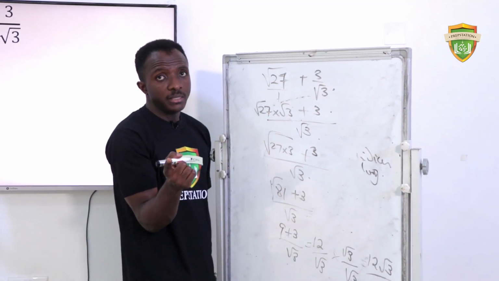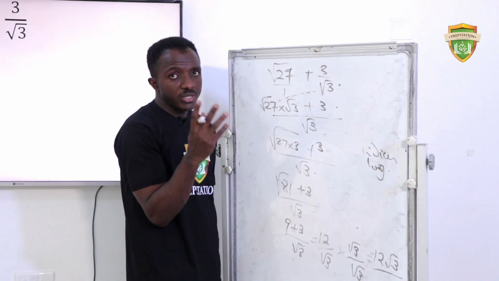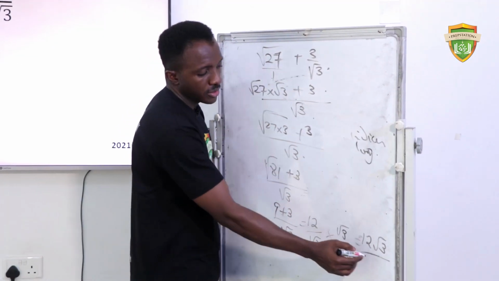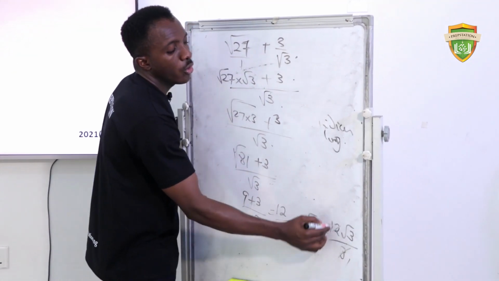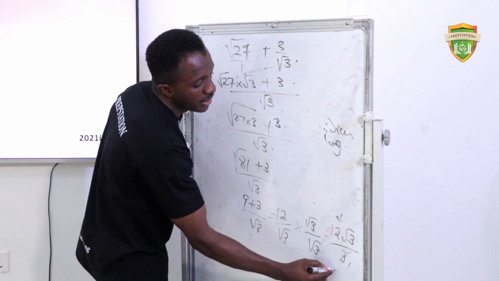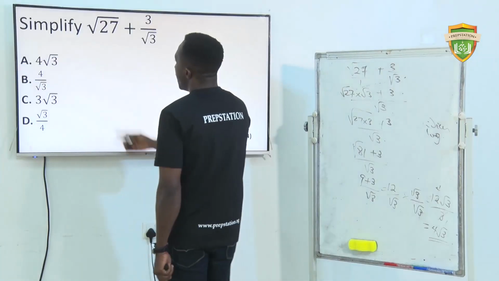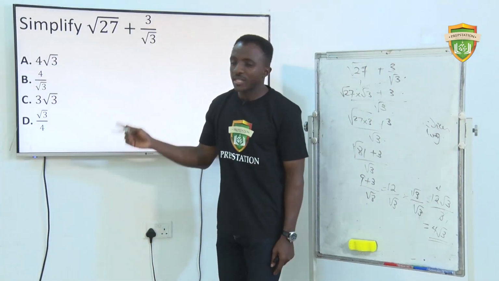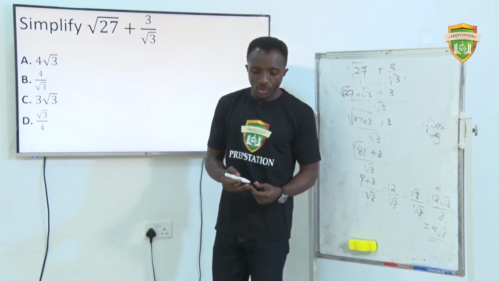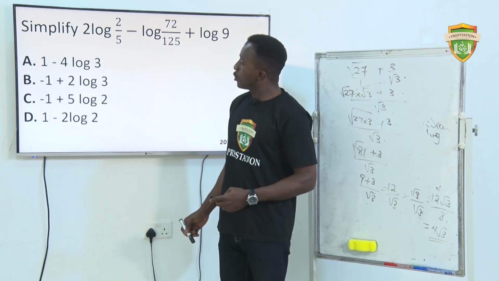I taught you that; we've answered about 3 questions on that. So you know this would give us 3. So 3 would go into 12 4 times, leaving us with 4 root 3 as the answer to that question. So that is option A. Now, we'll go to the next question.